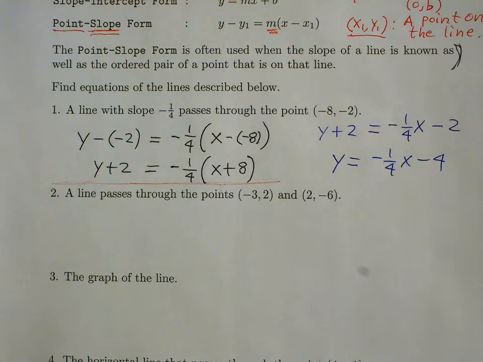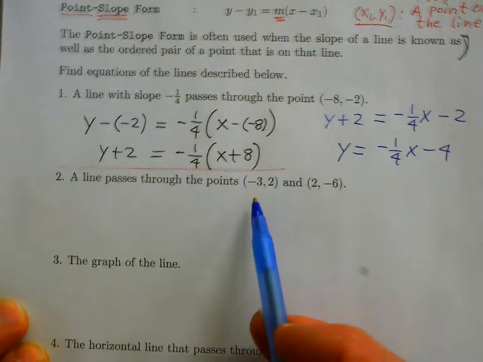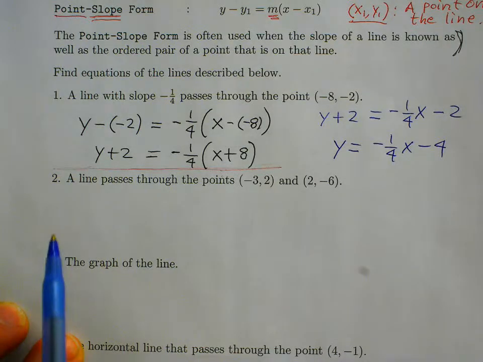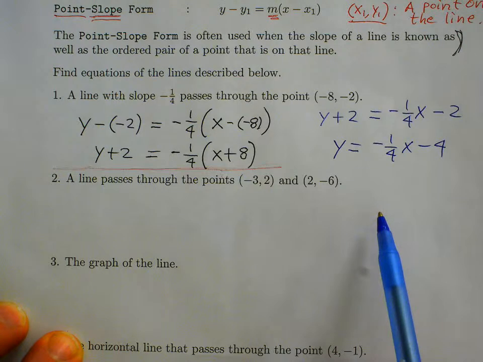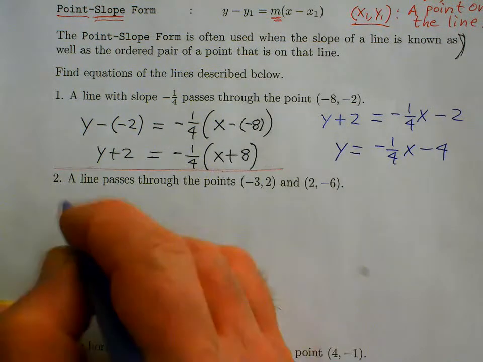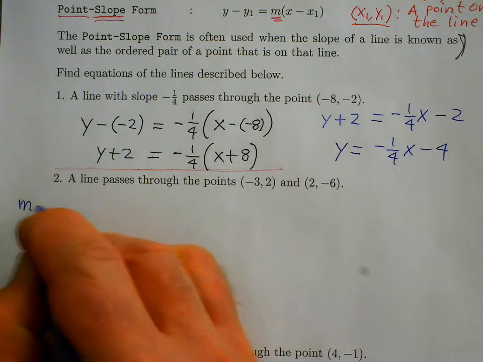Yeah, we could do that to start with. In fact, that's probably what we want to do at the very first. Since we're given the ordered pairs of 2 points on a line, and we want to find the equation, we do need to know the slope. So the slope formula, I'll rewrite the slope formula here.